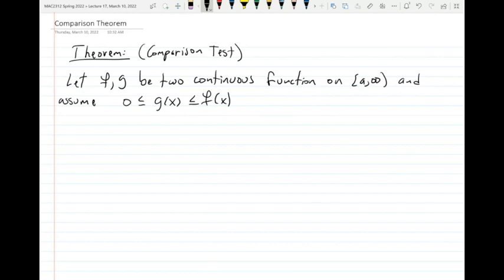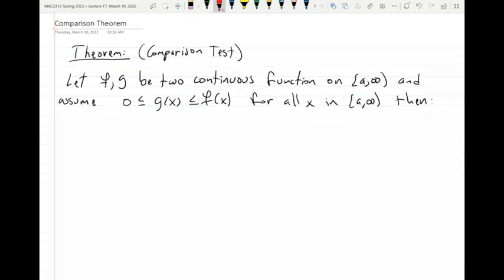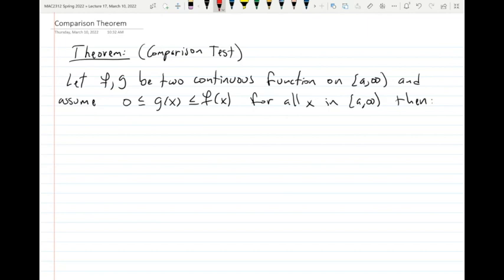Okay, and assume that g of x is less than or equal to f of x for all x in the interval from a to infinity. Then the crucial observation is that because they are both positive and f is always above g, of course the area under the graph of f is bigger than the area under the graph of g, right? That's the crucial observation. So then if we integrate, the inequality is respected.